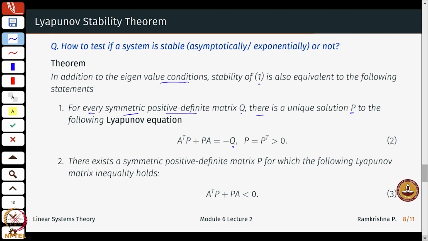Given Q, with A the system matrix, can I find a P? If a solution exists to this equation, then the system is exponentially or asymptotically stable. Moreover, the P is symmetric and positive definite. We will prove this. The second condition says that there exists a matrix P which is symmetric, positive definite, for which this inequality holds.